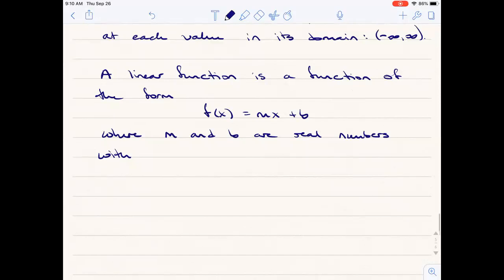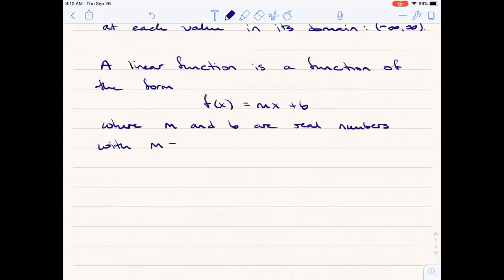And so we have to specify that with m not equal to 0.